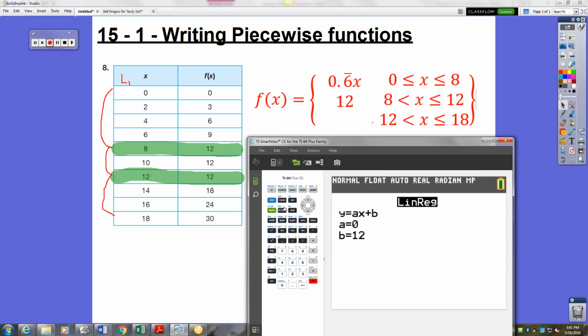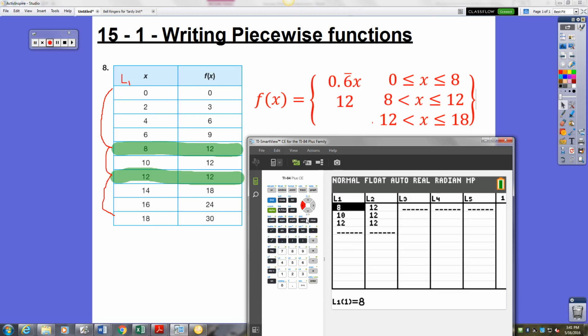All right, so go back to stat, edit, and we're going to look at the last set of our data. Again, we're going to start with the highlighted row: 12, 14, 16, 18. 12, 14, 16, 18.